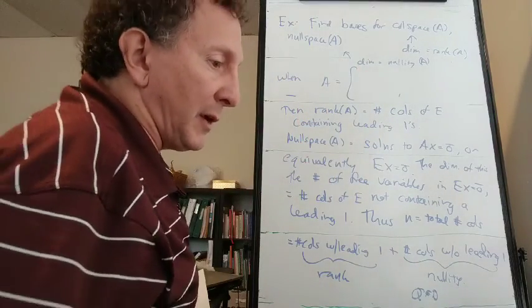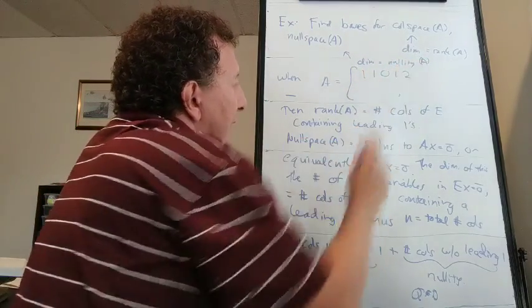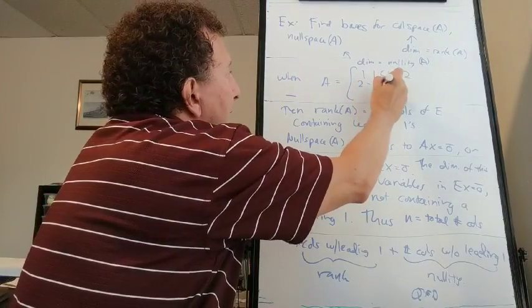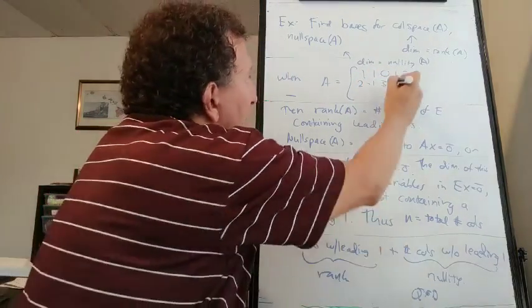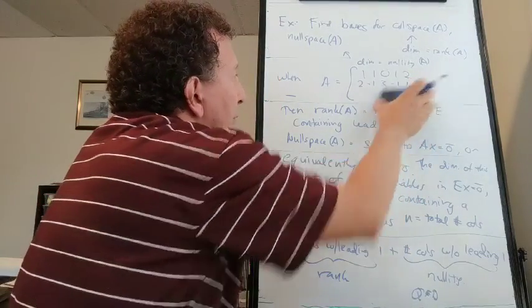And let's let A be the matrix 1, 1, 0, 1, 2, 2, negative 1, 3, negative 1, 1, and 0, 3, 3, 0, negative 1.